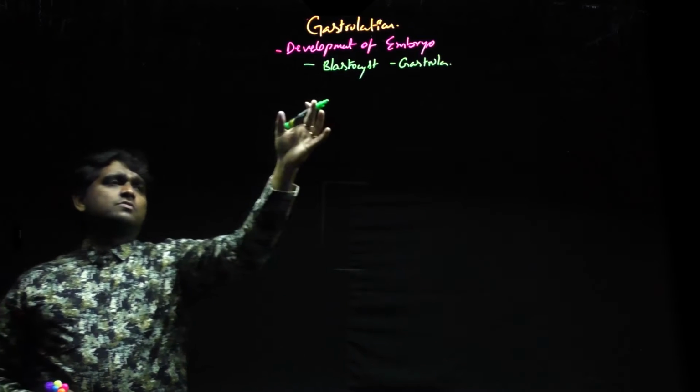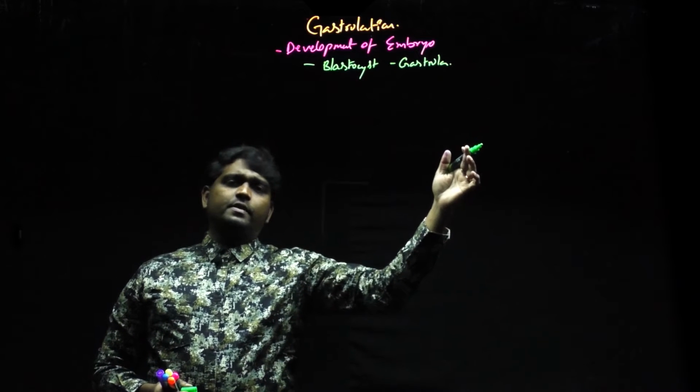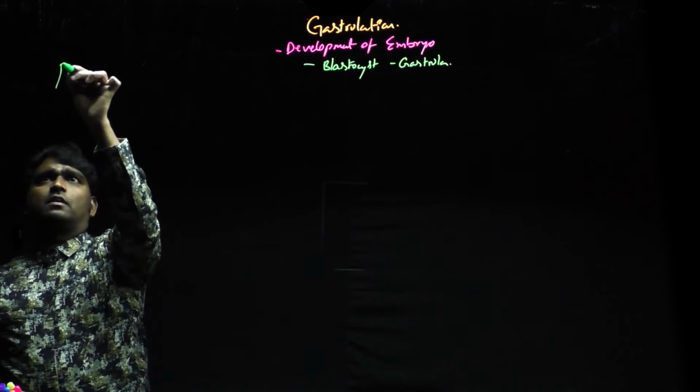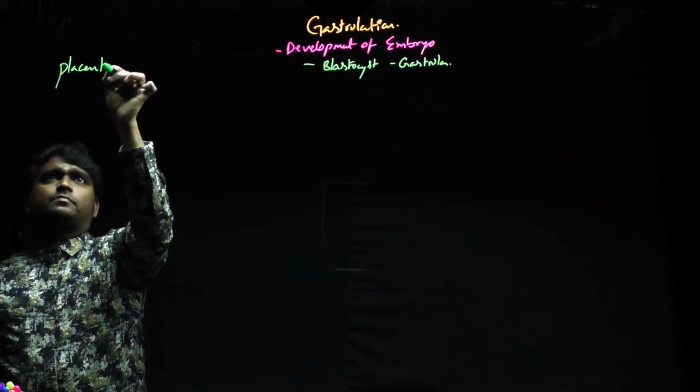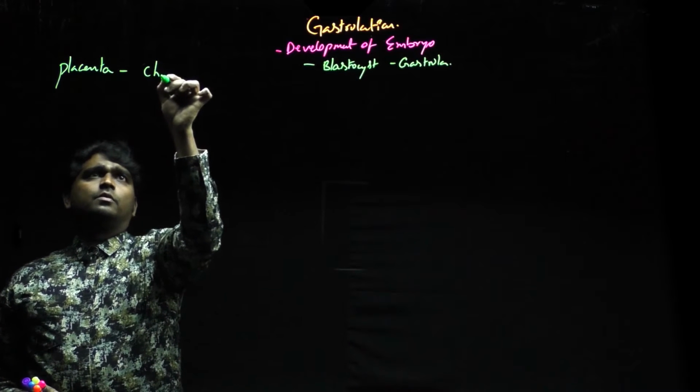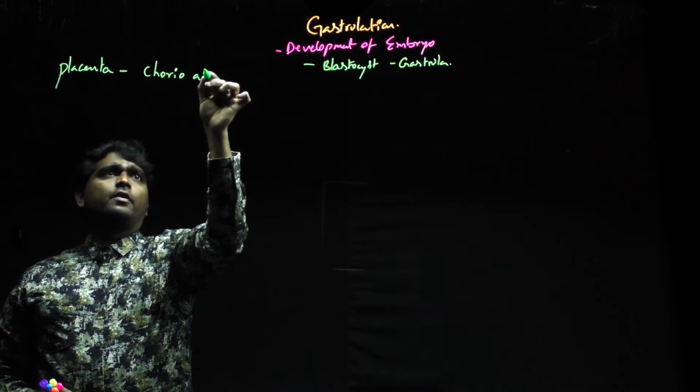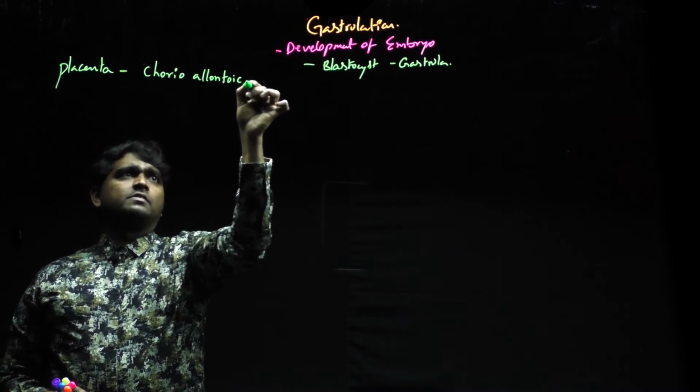After the blastocyst is implanted in the uterine wall, it forms a structure called the placenta, also called the chorioallantoic placenta.